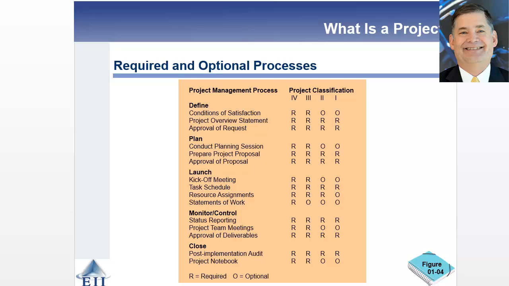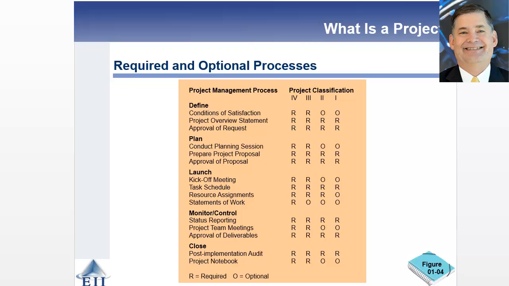Is it a required task? Is it an optional task? This define would be an example of scoping, planning it out, launching the project, monitoring it, and then closing the project out.